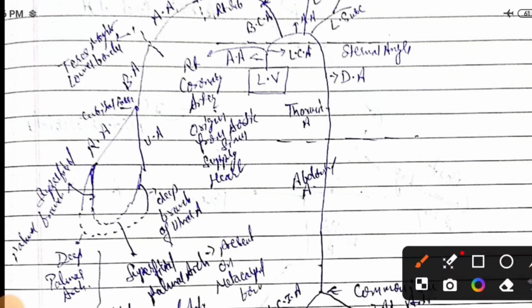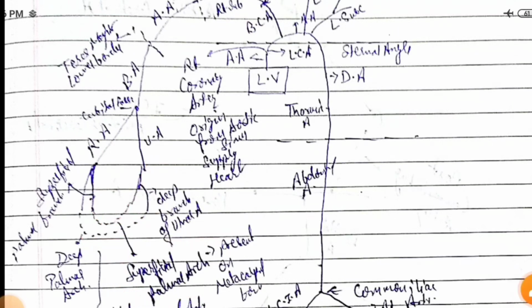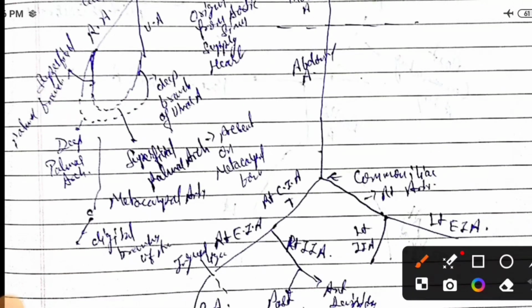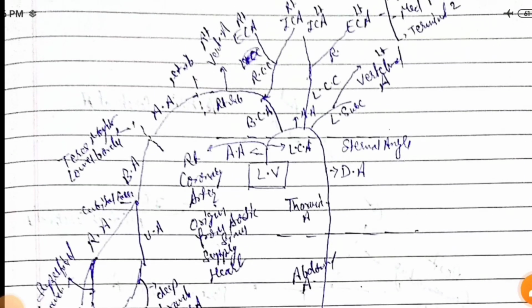Now the ulnar artery connects with the superficial branch of the radial artery, so this is known as the superficial palmar arch. The deep branch of the ulnar artery combines with the radial artery, and this is known as the deep palmar arch. After that there are the metacarpal arteries, and then the digital branches of the hand. So I hope it's clear about the upper limb.